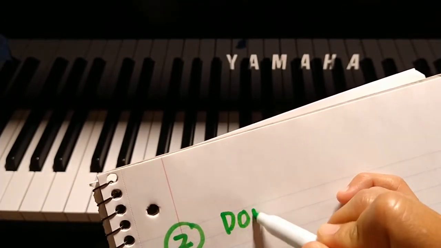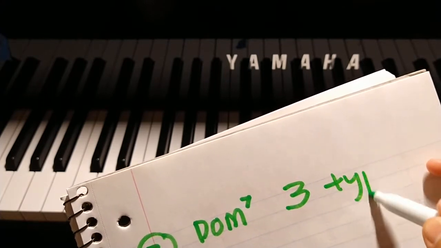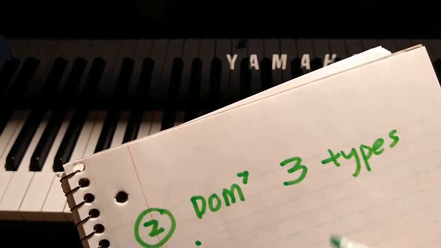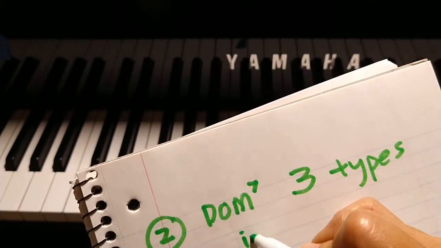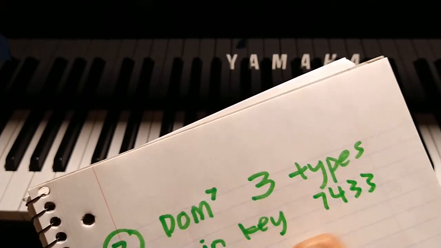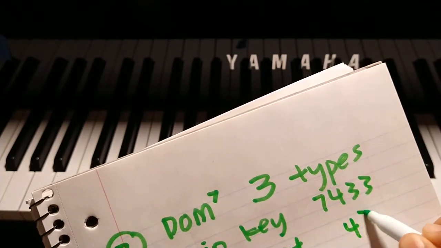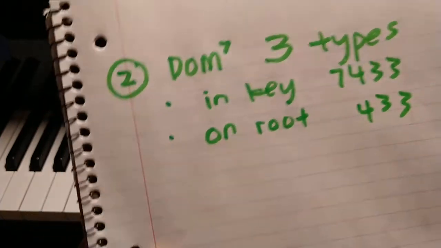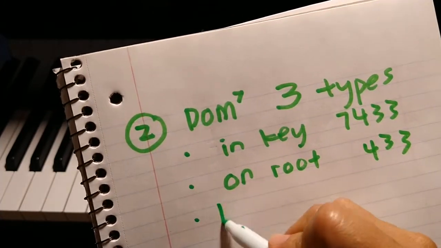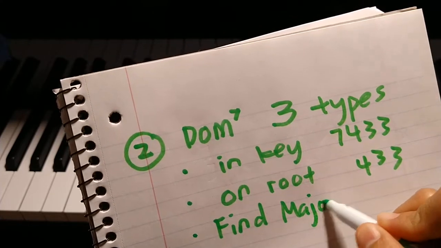As we talked about a very long time ago, dominant 7 has 3 types. The first type is when you have the word in the key, 7, 4, 3, 3. The second type is on the root, 4, 3, 3. And the third type is find the major key.